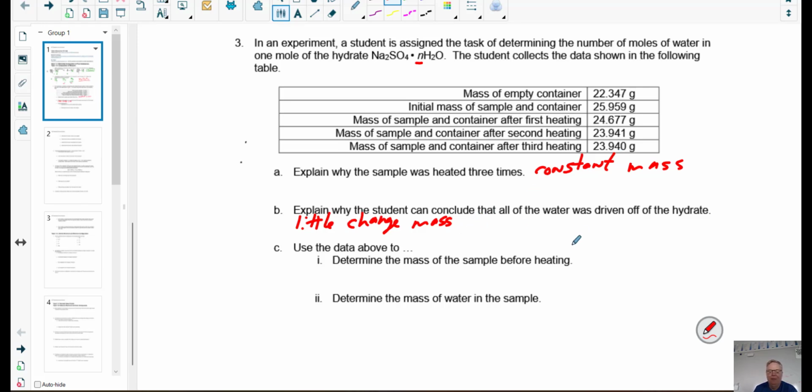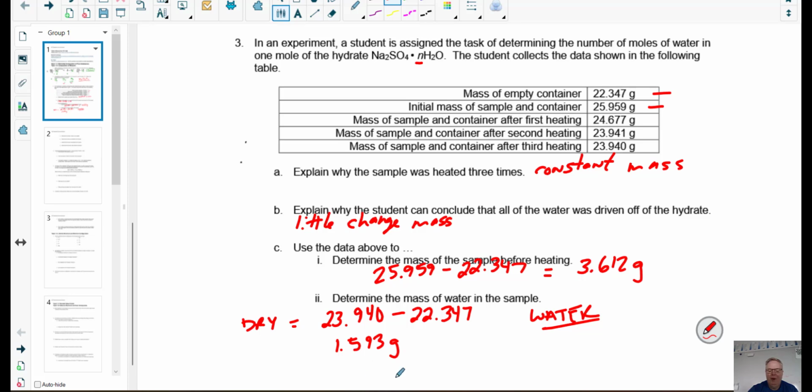So determine the mass of the sample before heating. We just have to look at the initial mass of the sample, and then subtract the container. Then for the water, we're going to take that difference. What we really want to do is figure out what it is when it's dry.